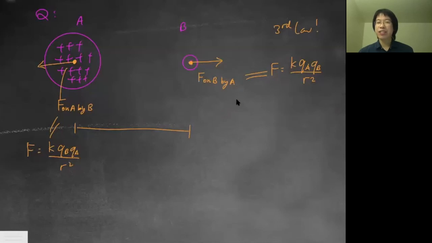If I calculate the force on A by B and then the magnitude of the force on B by A, I have no clue which one is electrically more important.